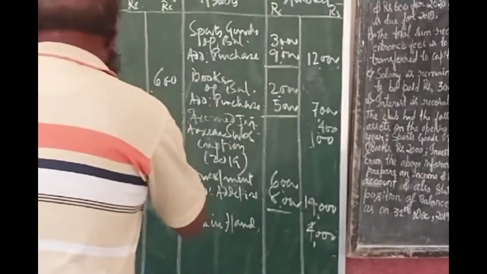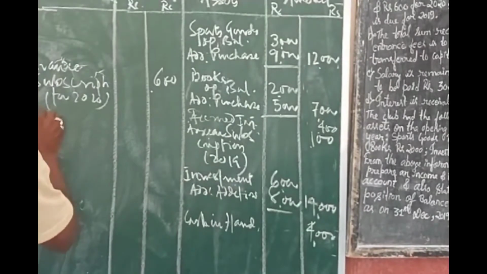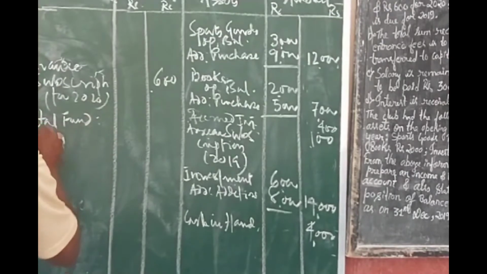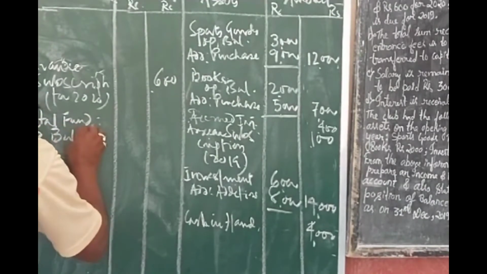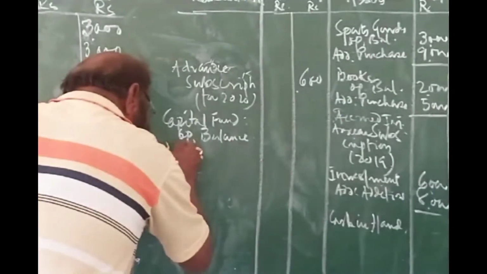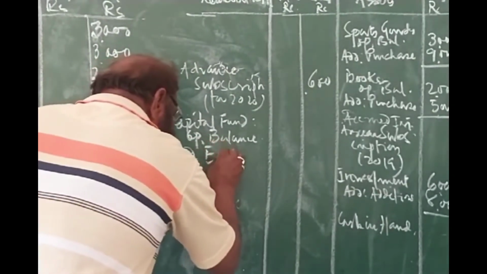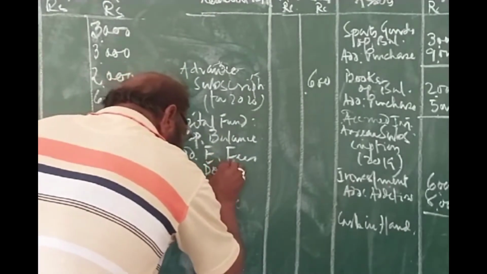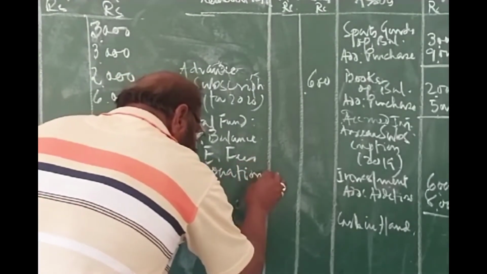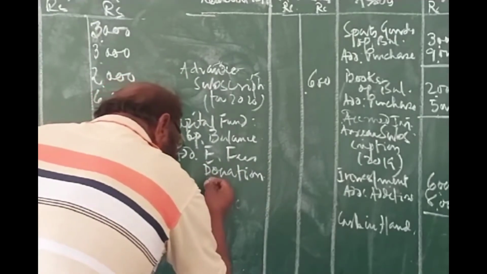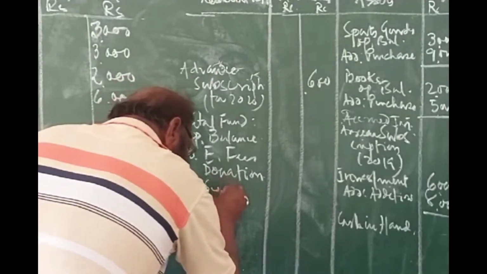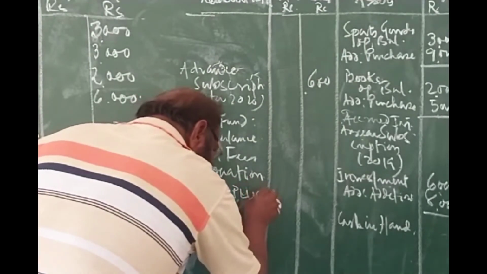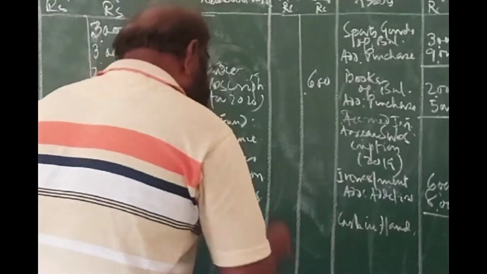Now there comes the capital fund. Capital fund, opening balance. Add entrance fees, add donations, add surplus. Entrance fees how much? 1,000.